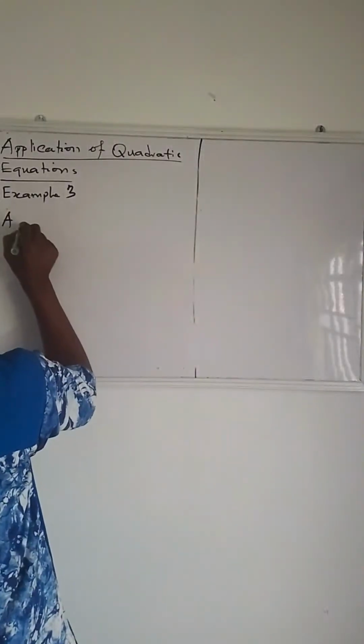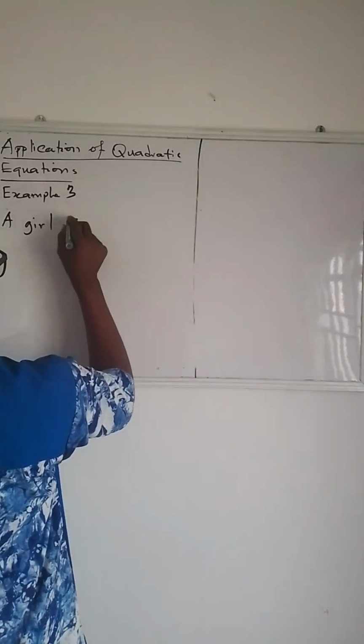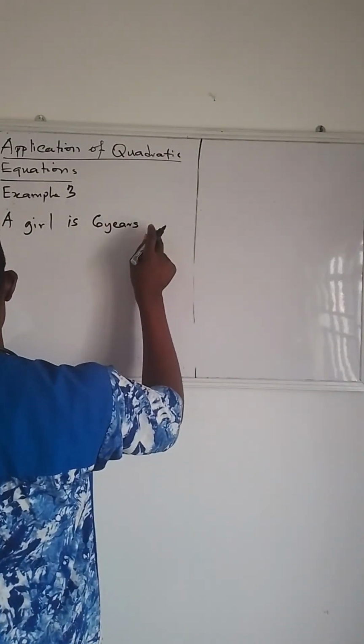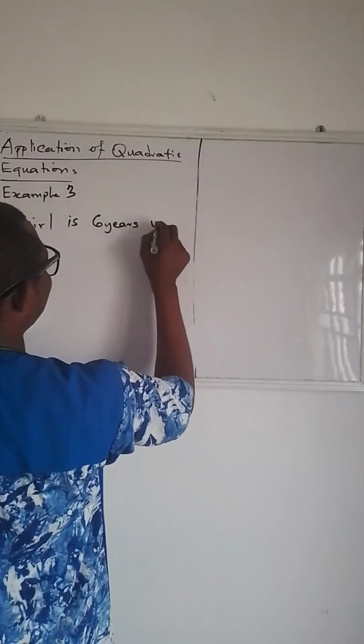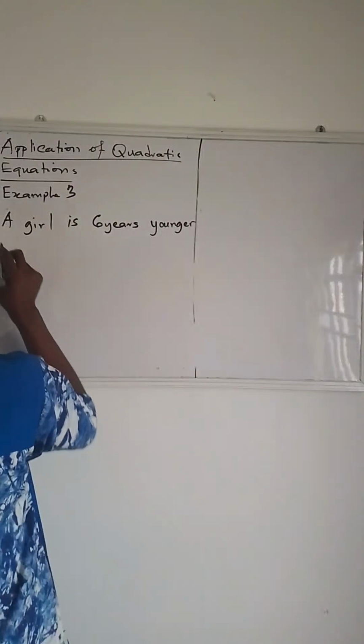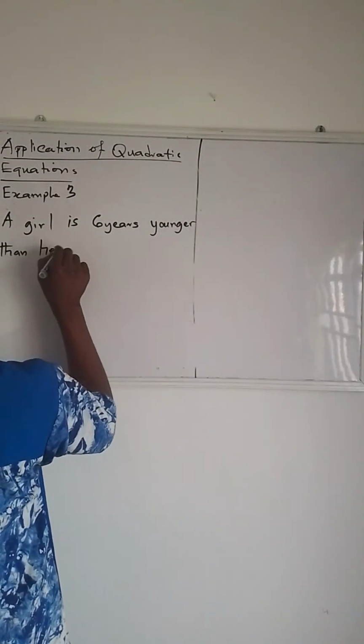Now, a girl is 6 years younger than her brother.